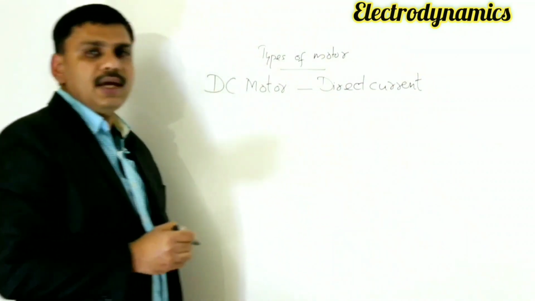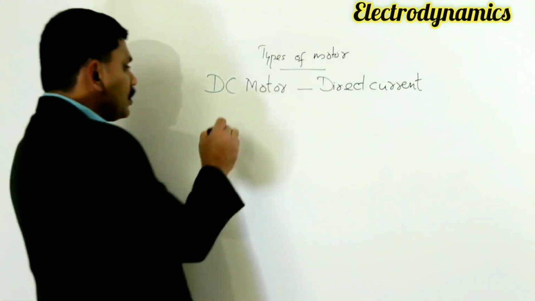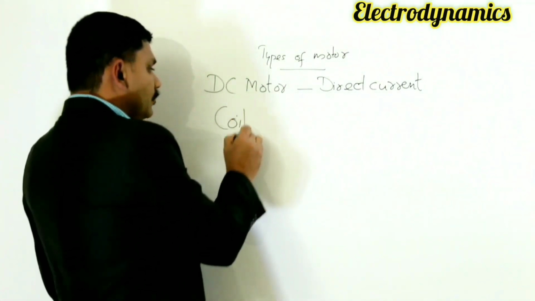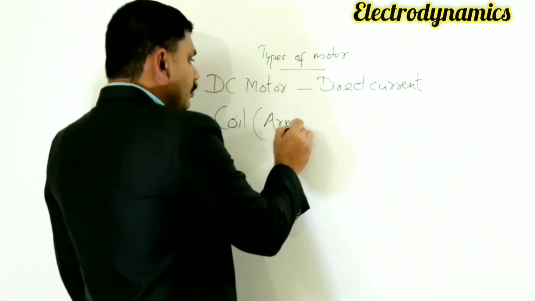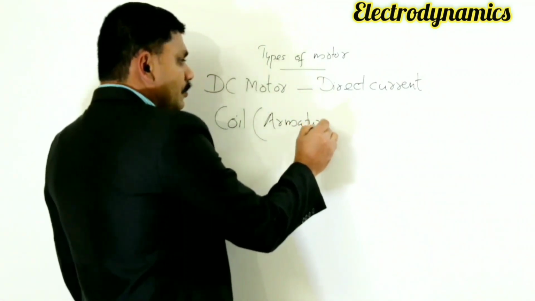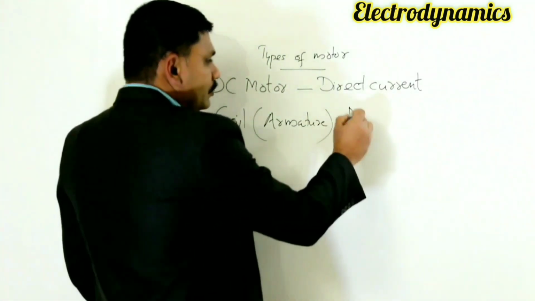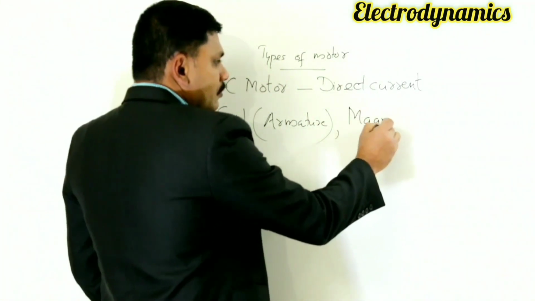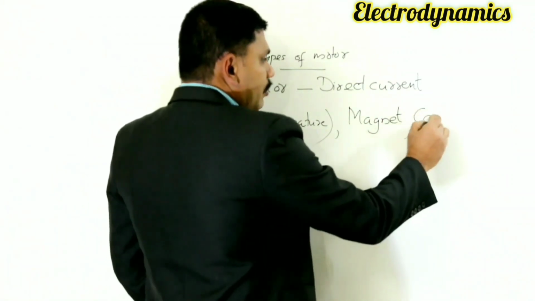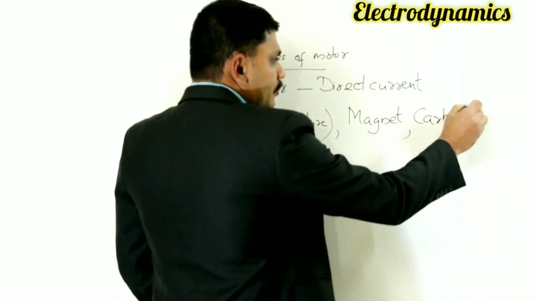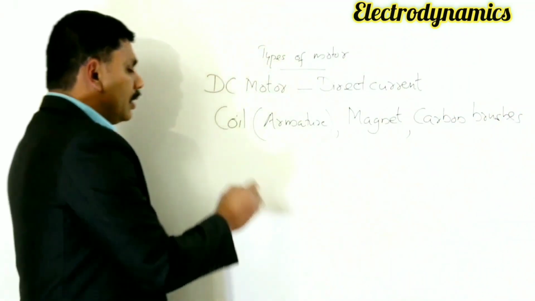Then, which are the main parts of a DC motor? First is a coil, also known as the armature. Then a magnet, then carbon brushes, then a split ring.